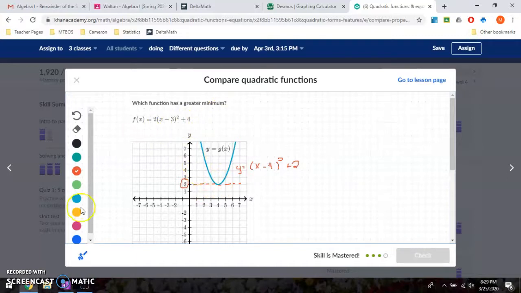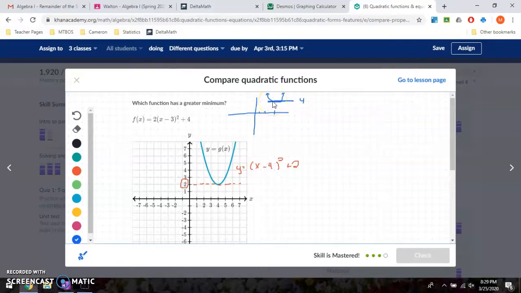All right, now let's take a look at this one up here. We have 2 times x minus 3 squared plus 4. So if I were to think about this graph, it would be right by 3 and up by 4, and it would open up in this direction. This one is up by 4.